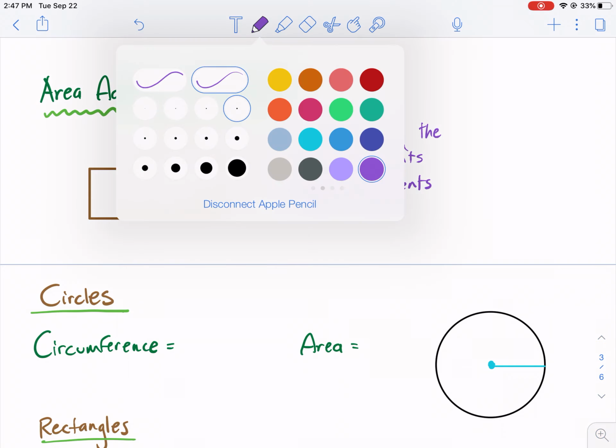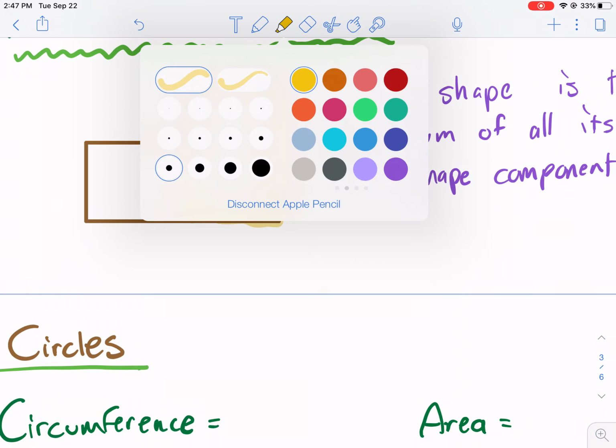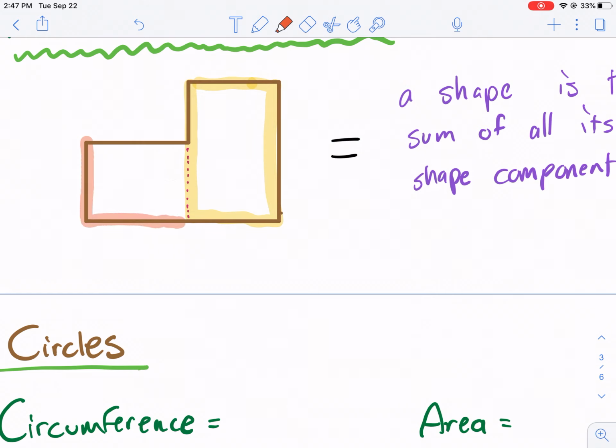What do I mean by that? Well, take a look here. If we were to break this down, see, this isn't a shape right now, but we could draw it into 2 shapes. We could draw a rectangle here, a little shaky rectangle, but still a rectangle. And then we could draw another little rectangle here.